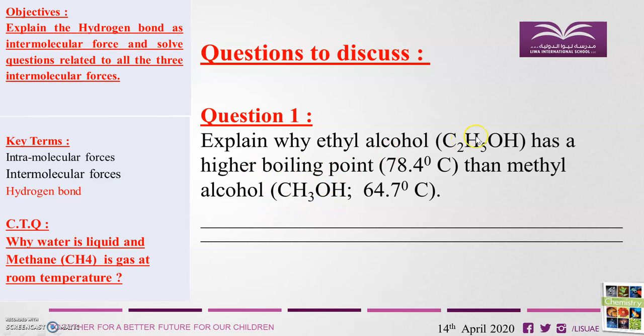You will say both of them have a hydrogen bond which is strong, but ethyl alcohol has more carbon atoms and more hydrogen atoms, which will make ethyl alcohol heavier. It has a higher mass than methyl alcohol. So both of them have the same intermolecular force, which is hydrogen bond, but ethyl alcohol will have a higher molecular mass, which will make the boiling point higher.